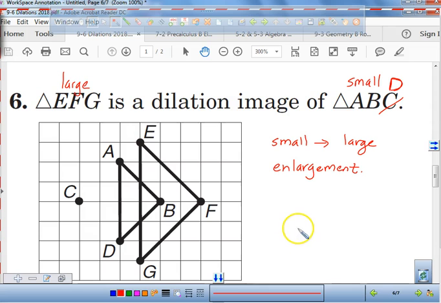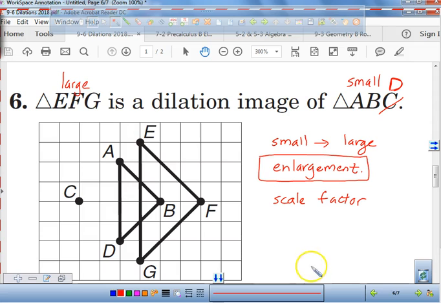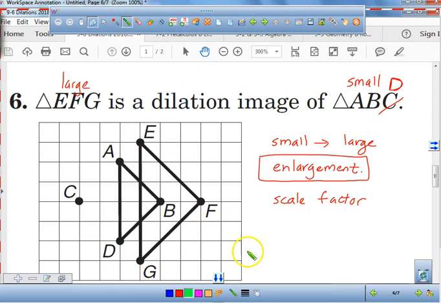So right now, let's think about, what's the scale factor? How can we find the scale factor? So one of our answers, it's definitely an enlargement, and the next thing you need to find is the scale factor. So here's what I do. I look at a distance that I can easily measure, like this distance.